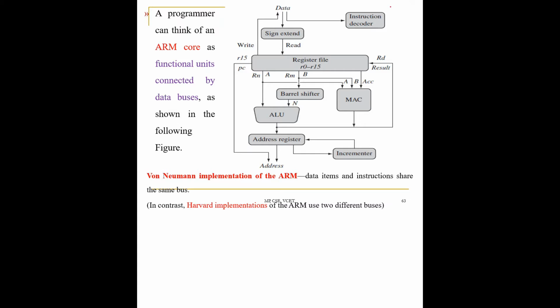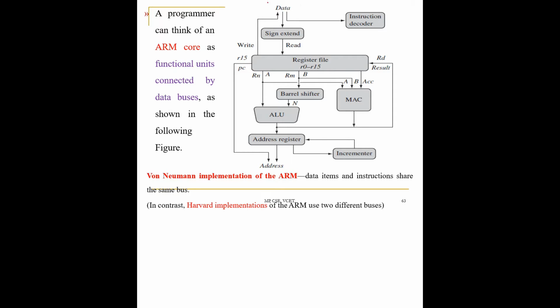The programmer can think of an ARM core connected by data buses as shown here, and the arrow marks indicate the data flow between the various operational blocks or between the storage areas. Also, this is not only about the flow of data but also the abstract contents that make up the ARM core.